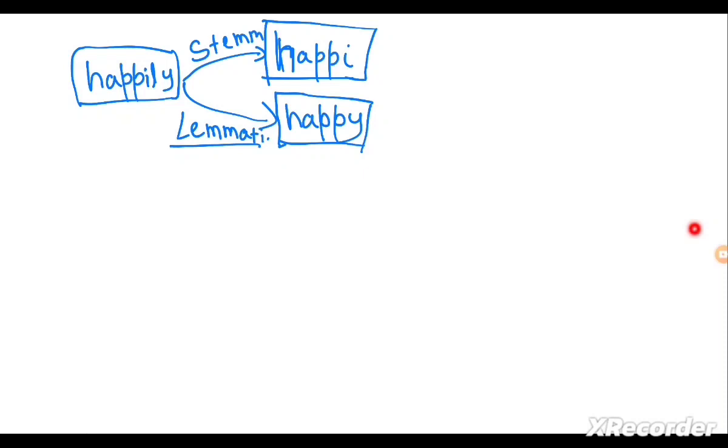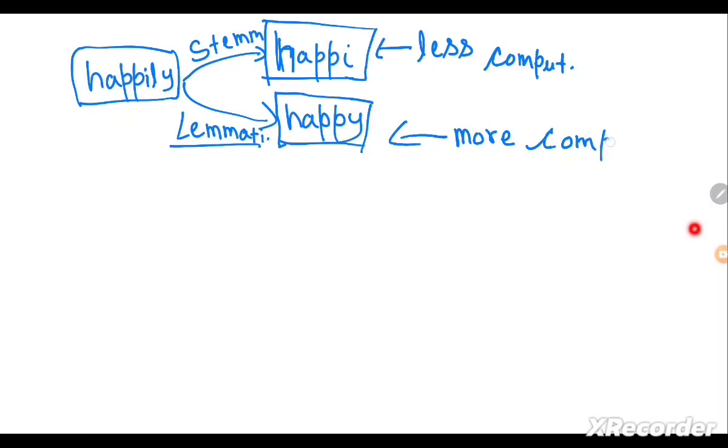The other difference is that stemming requires less computation, while lemmatization requires more, or heavy, computation, because here we use a dictionary and map the word to its root form.